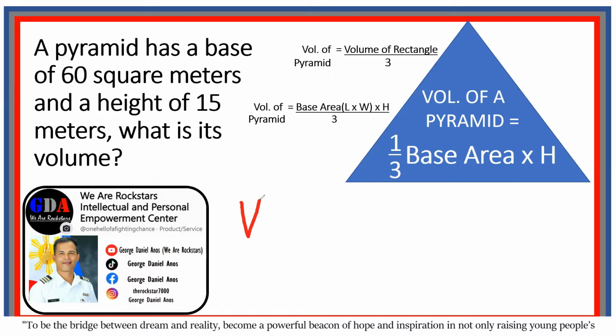So the volume is equal to 1/3. We have the base 60, and that is already square meter. So what these words mean is the unit m or meter raised to the second power. So that's already an area.